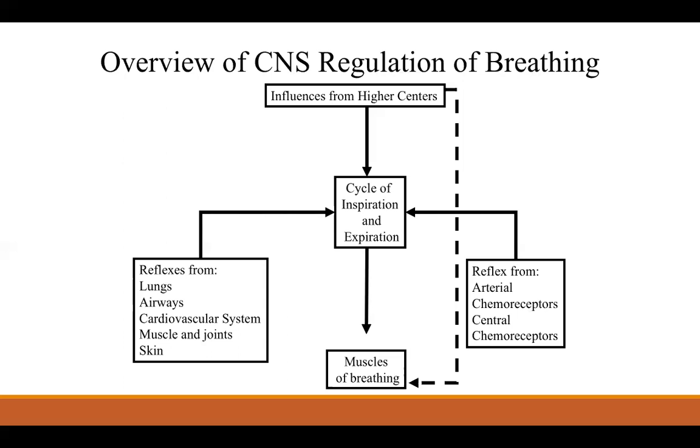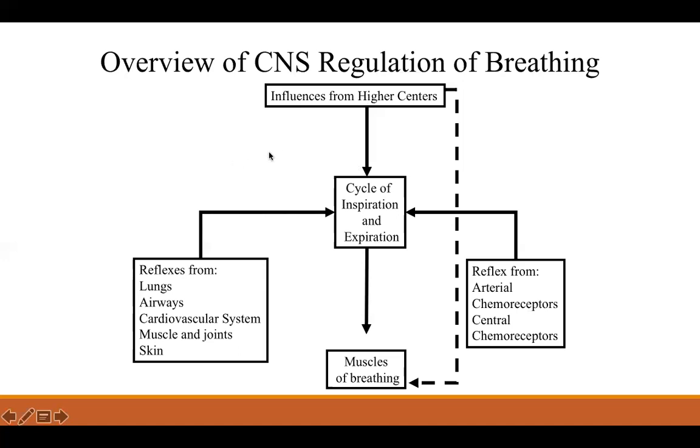The centers in the medulla are the ones that are directly involved, which are influenced or regulated by the centers in the pons. However, there are other centers like the hypothalamus and the cerebral cortex. They have inputs from there to the brainstem.